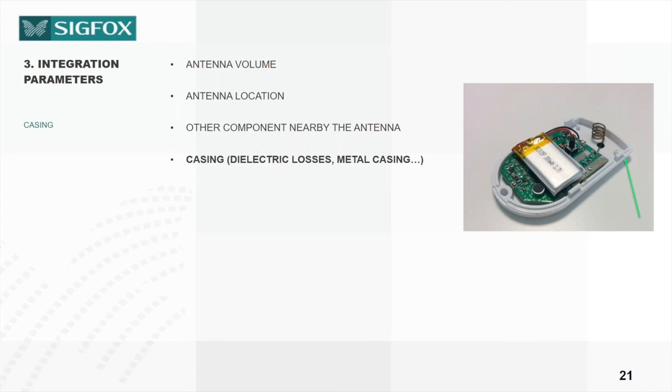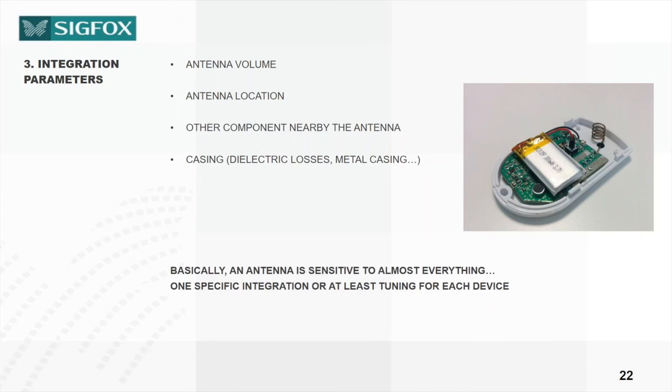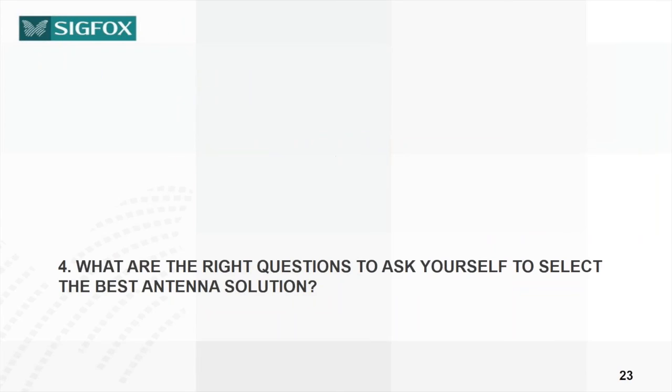Also, having a metal casing can be very nice, but that also increases the design complexity for the antenna. And of course, avoid full metal casing. So the conclusion of this section is that basically an antenna is sensitive to almost everything. And again, one specific integration or at least tuning for each device, depending on all those parameters.